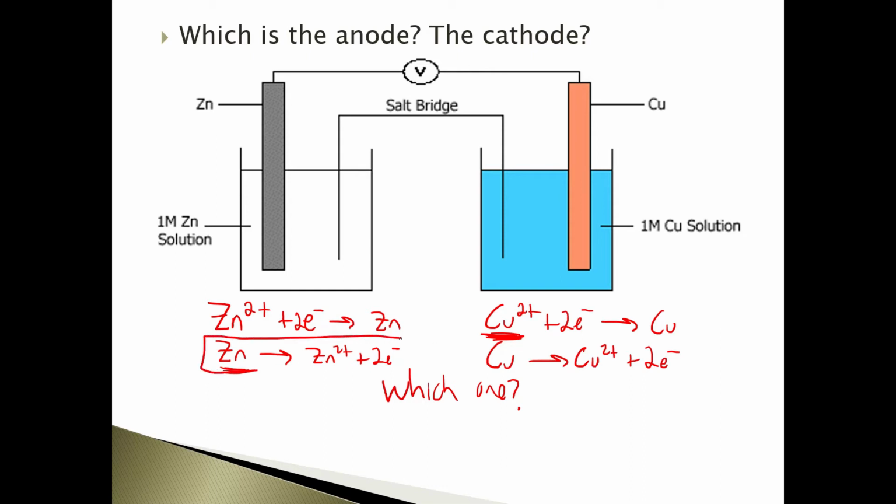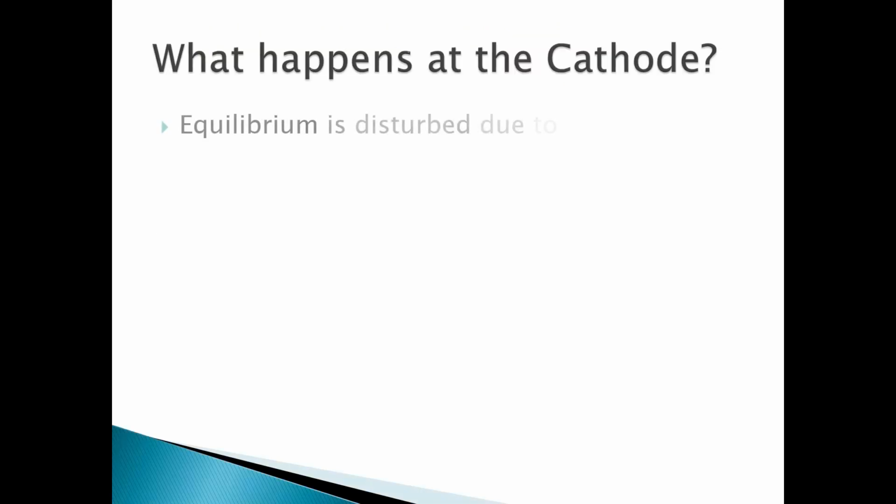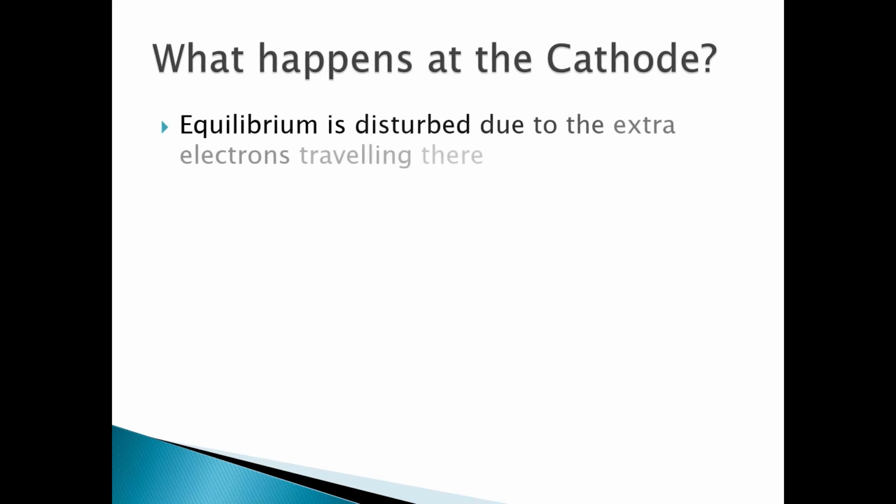So this reaction would be the oxidation reaction, and this reaction would be the reduction reaction. So there's my reduction, there's my oxidation. There you go. And that is how we would determine what actually happens. At the cathode, the equilibrium is disturbed because you have a lot of extra electrons moving towards the cathode.